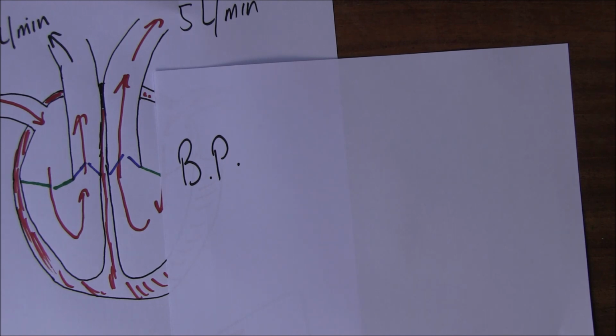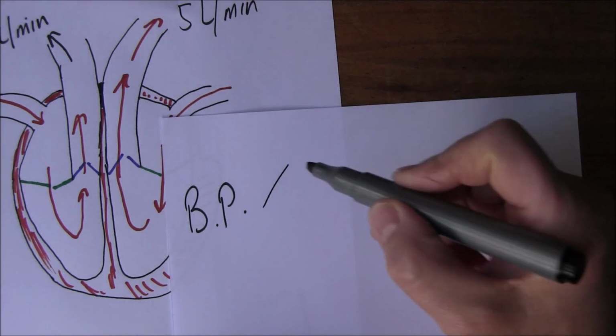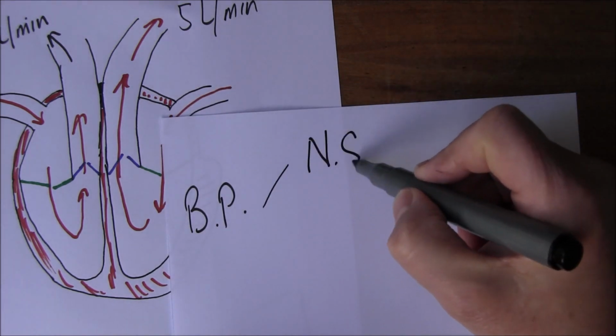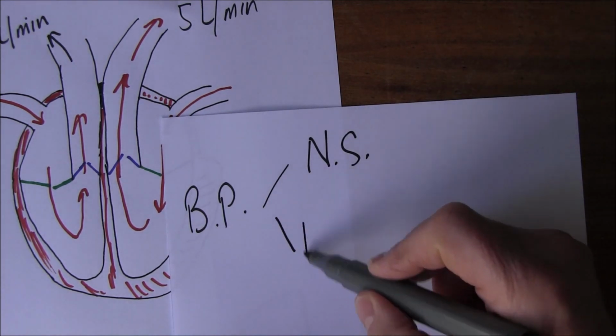How is this occurring? Well, as we've mentioned, part of it is internal control within the heart, but then there's external controls as well. And the external controls we can divide into the autonomic nervous system. So there's regulation by the autonomic nervous system, and there's hormonal regulation as well.